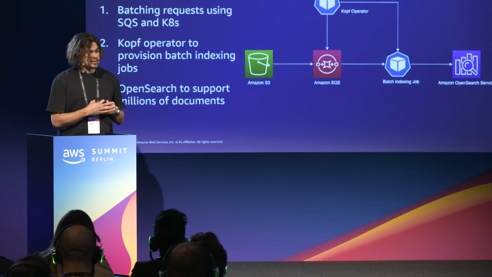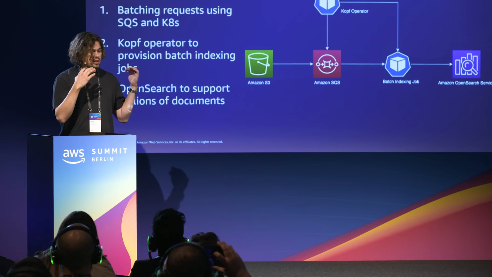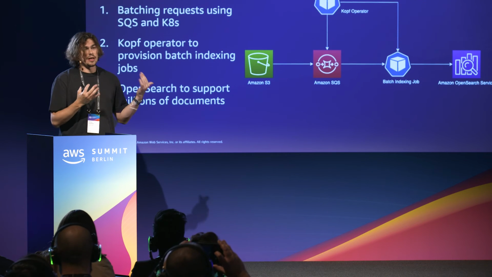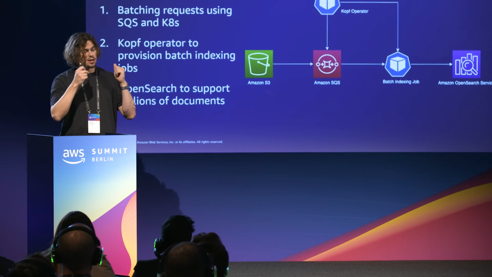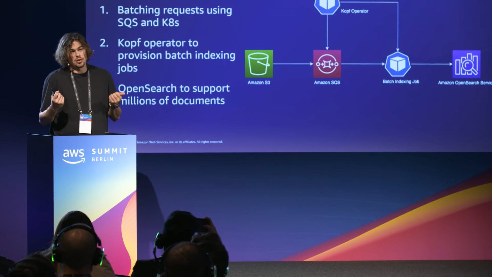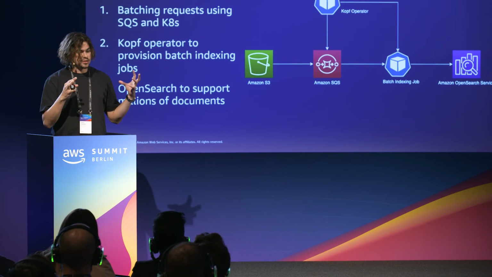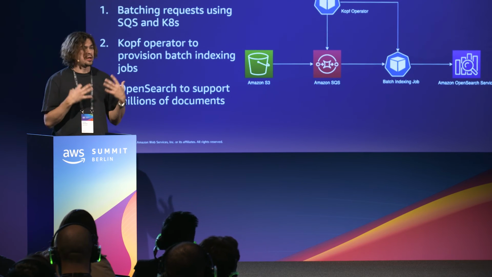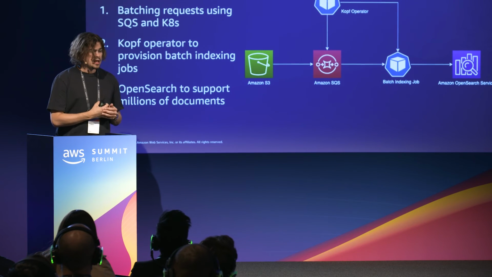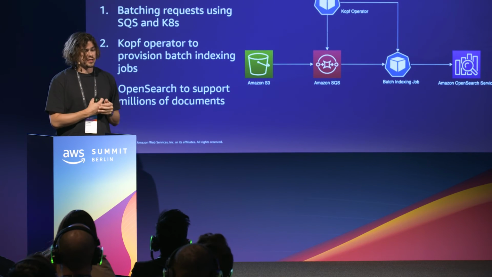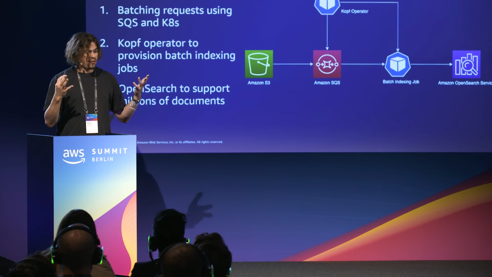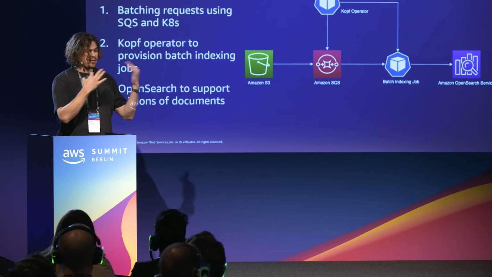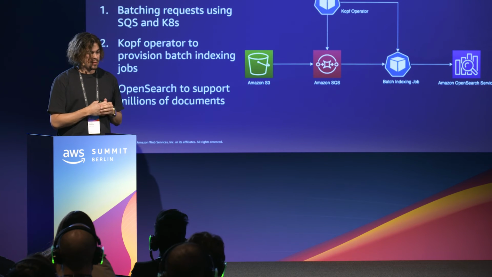One of them is SQS, where you can configure it very easily so that each file that ends up in your S3 is going to send a message to an SQS queue. Then you can create a small batch processing job. It can be a job or it can be a deployment that's going to pull the data from SQS, bundle the files into batches, and then send that over to your vector storage.